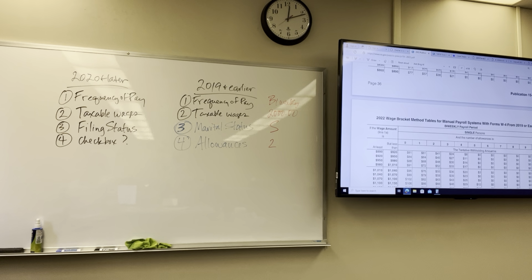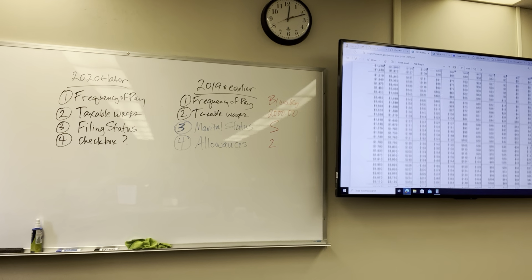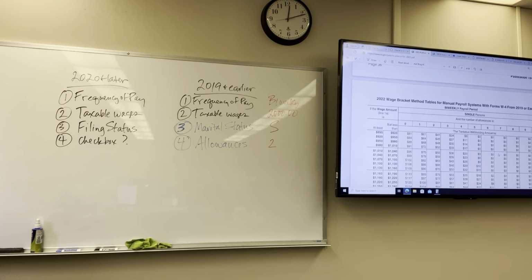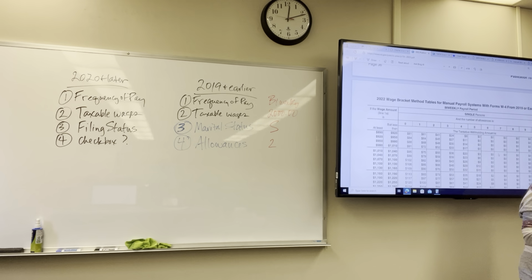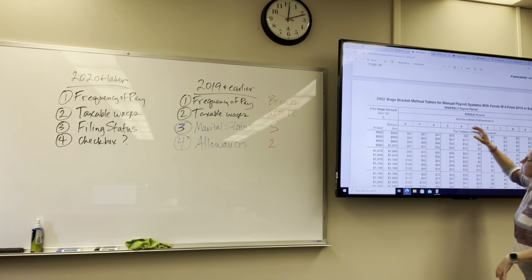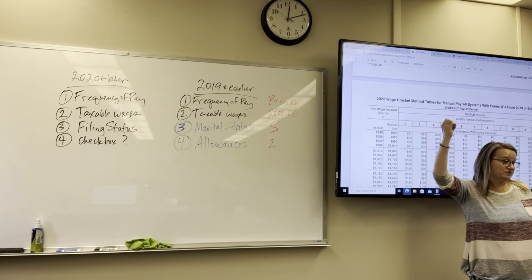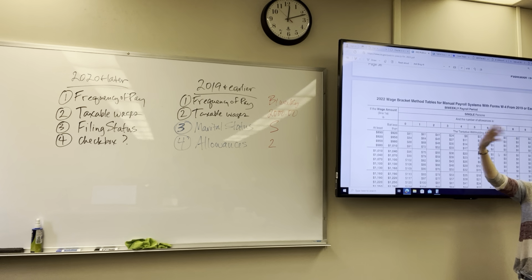Up here at the top, let me get the right page. There we go, it's the right page. Up here at the top is the number of allowances claimed. Now you can see it starts at 0. You can claim 0 allowances at the federal level too. That gives you the most amount of withholding. It only goes up to 10. It is possible for individuals to have more than 10 allowances though.